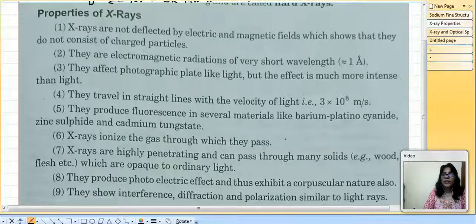X-rays are highly penetrating and can pass through many solids, for example wood, flesh, etc., which are opaque to ordinary light. They produce the photoelectric effect and thus exhibit corpuscular nature also. They show interference, diffraction, and polarization similar to light rays. So X-rays also have dual nature, that is wave-like and particle-like nature.